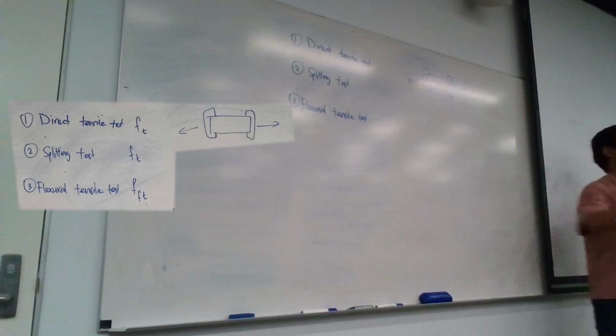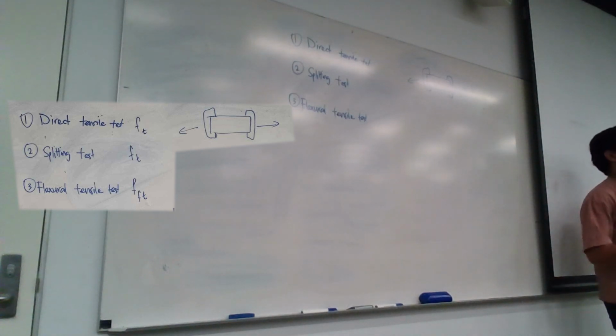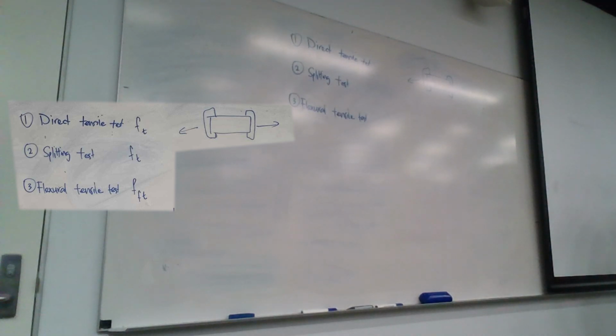If you don't have enough gripping strength, the test will fail, especially when something is sliding. If you grip it too hard, you might end up destroying the concrete. And it's also a dangerous test to do because concrete is a brittle material. If you pull it apart and it suddenly splits, that's a big problem.